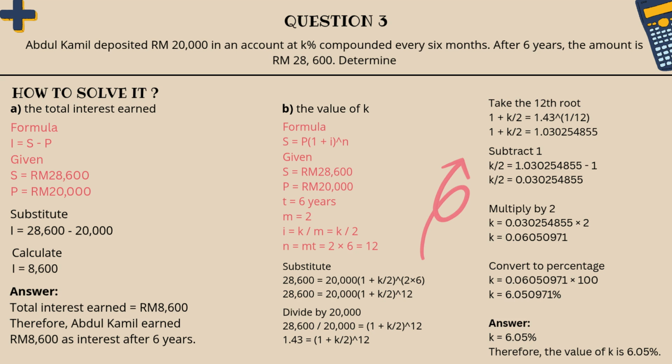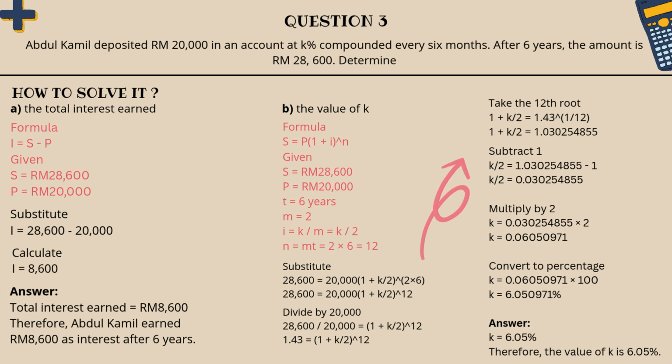Next, we divide both sides by 20,000. 28,600 divided by 20,000 gives us 1.43. So, the equation becomes 1.43 equals open bracket 1 plus K over 2 close bracket power 12. After that, we take the 12th root on both sides to remove the power of 12.